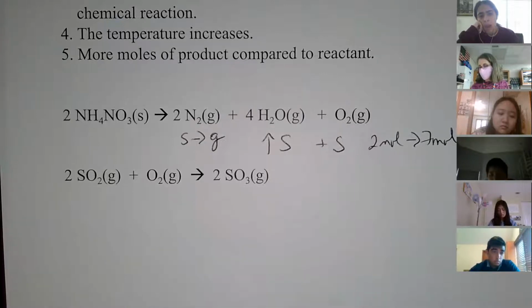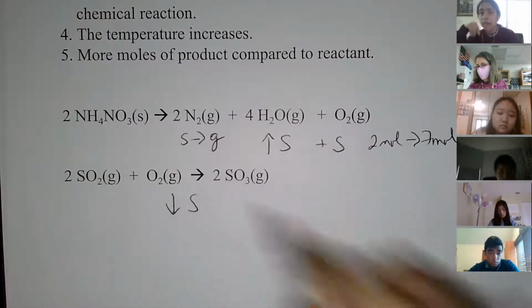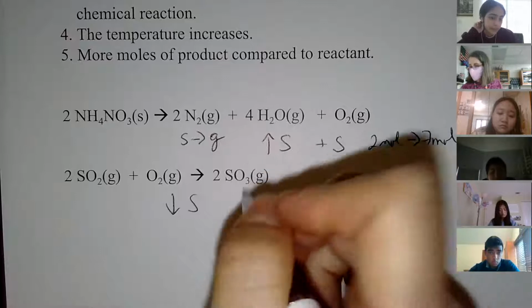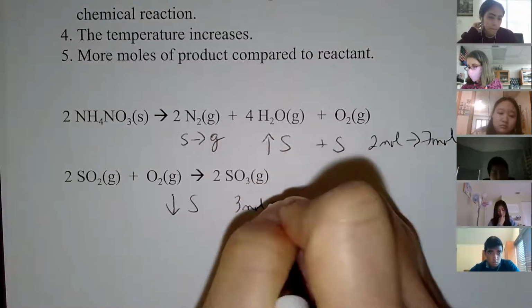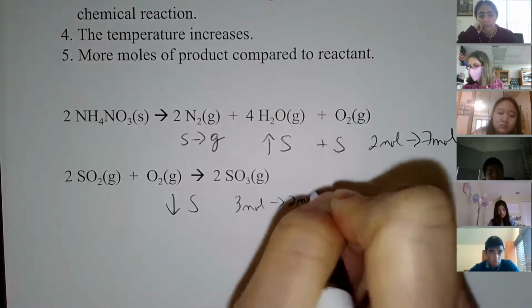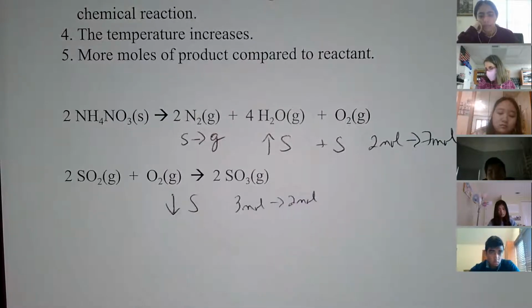The second example, you would say entropy is decreasing because you are going from 3 moles to 2 moles. I don't have any different states of matter there. So I don't really have solid to liquid or a gas going to liquid or something like that. So I really just have 3 moles going to 2 moles.